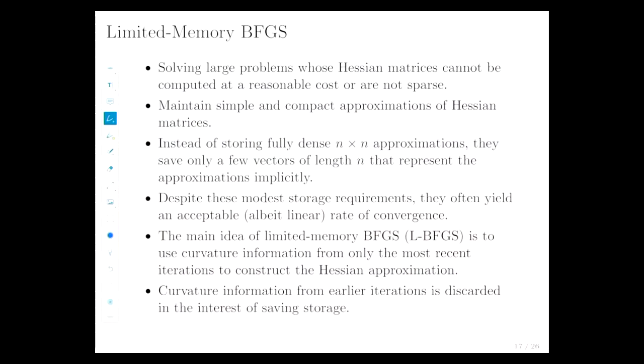Now, for a large-scale problem, if my decision variable x is in R^n, how many numbers do I need to store to be able to implement BFGS?